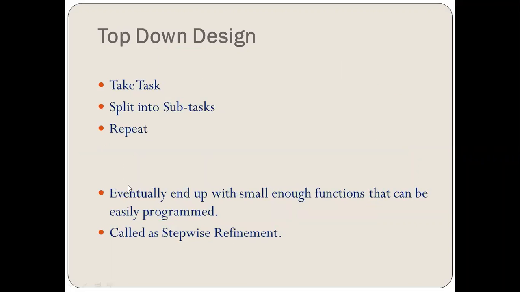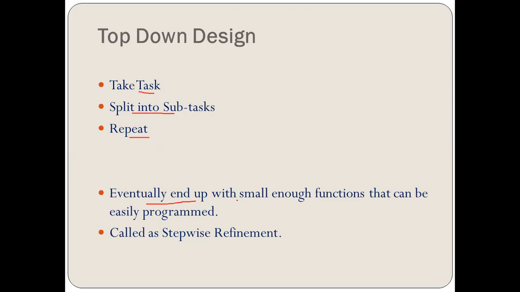Now you see what we are going to do. We are going to take a particular task, split it into subtasks, and then repeat it until we achieve the smallest module which is independent and which is programmable, right?